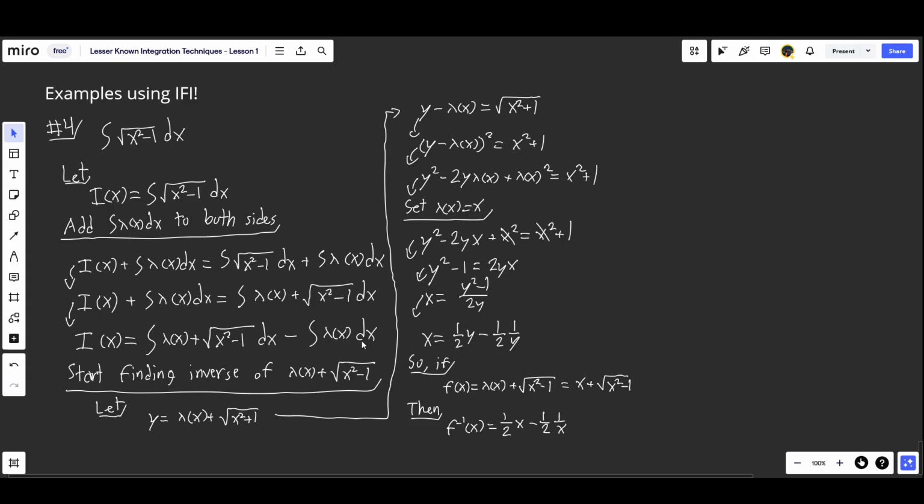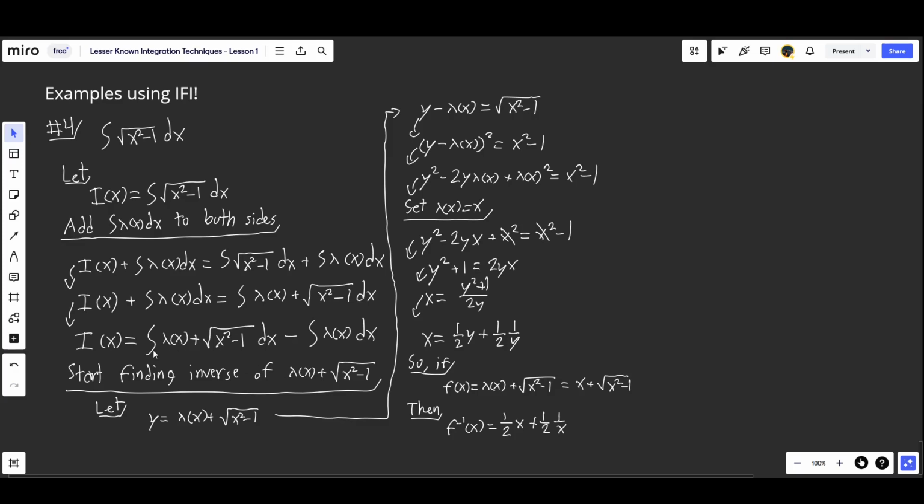And what we can do is, if we can find a function lambda of x that makes this integrand more invertible, we can then solve this using inverse function integration, and if lambda of x, once we set it, is also easy to integrate on its own, we can then solve for I of x.